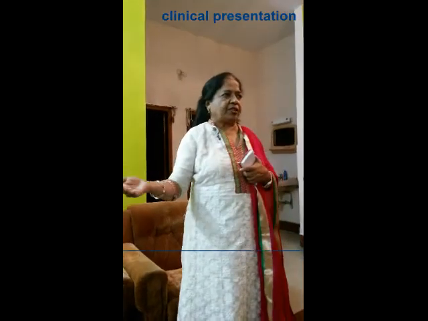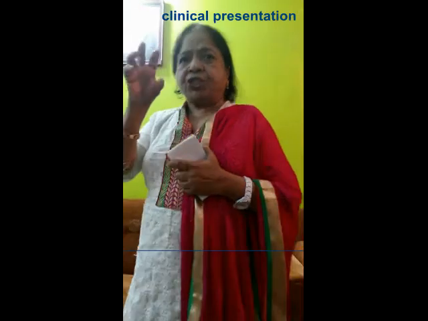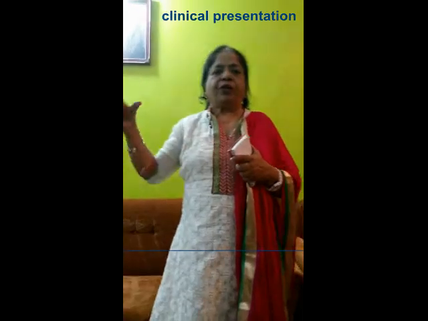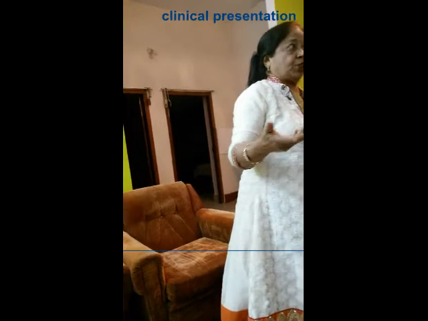You all know that whenever there is a pregnancy, the urine pregnancy test is positive. When the pregnancy test is positive and we don't find a gestation sac inside the uterine cavity, we always suspect an ectopic pregnancy. That means the sac is somewhere else. It's not in the uterus, and the urine pregnancy test is positive.